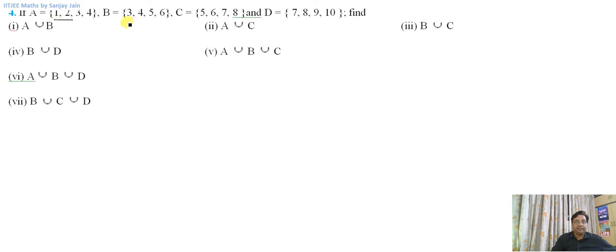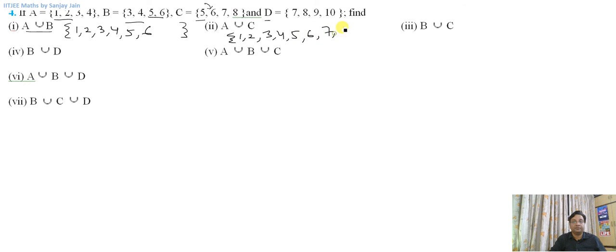Set A is this, set B, set C and set D. We need to find A union B. So for A union B, I'll write all the elements that are there in A or B. A union C, I'll write all the elements of A and all the elements of C, just avoiding the repetition, right?